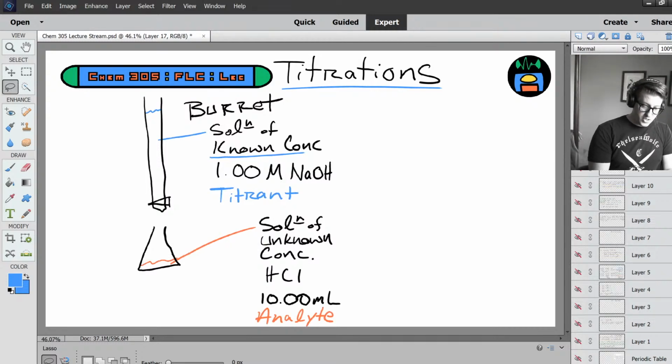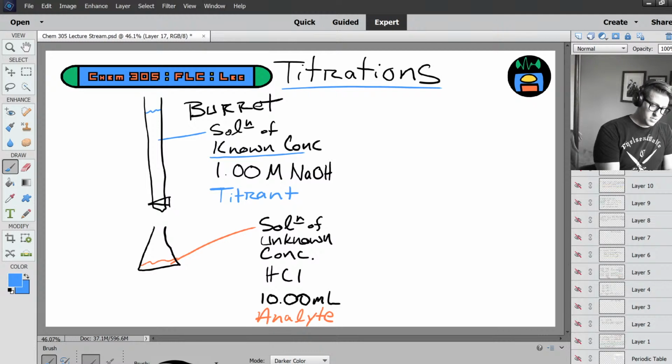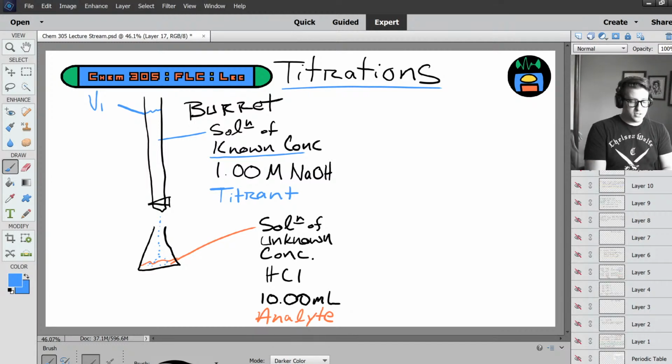Before you start the experiment, you measure your initial volume, and then you open the stopcock valve to start letting the titrant solution down into the analyte solution, and you usually add some sort of indicator, something that'll change color once the solution becomes neutral, so you know when to stop adding solution.